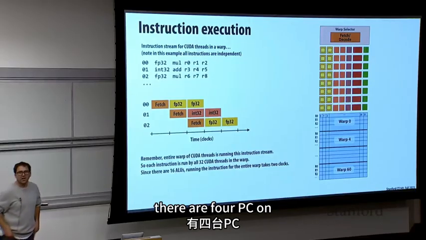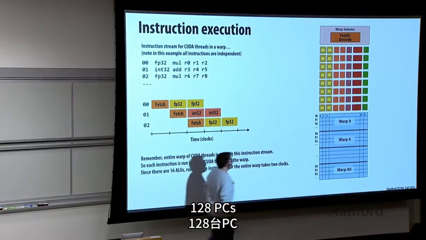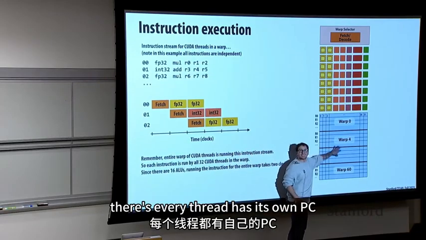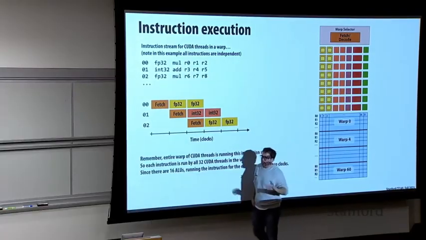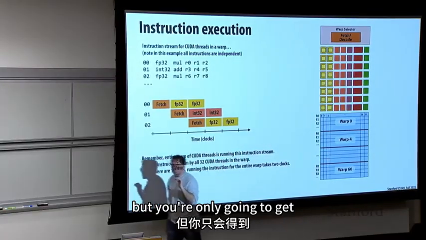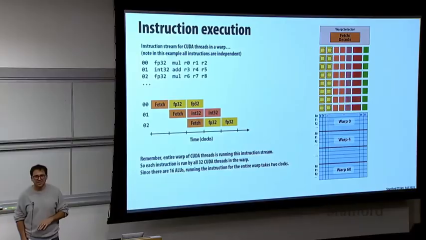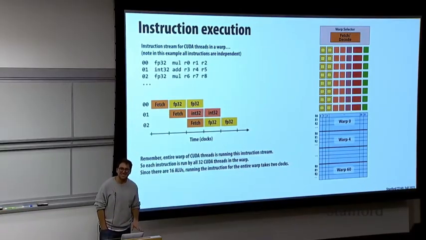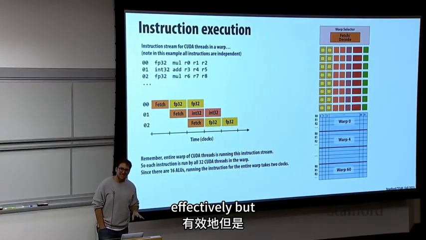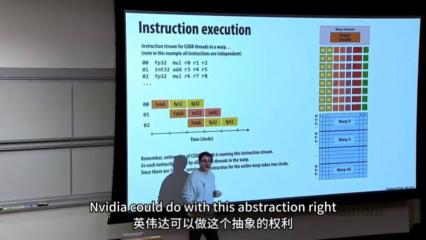Yeah. So there are 4 PC or 128 PCs. Every thread has its own PC. But you're only going to get SIMD if that PC is the same for everything in the warp. So it's effectively the same as if there were only 4 PCs. Effectively. But there are a few things NVIDIA could do with this abstraction, right?